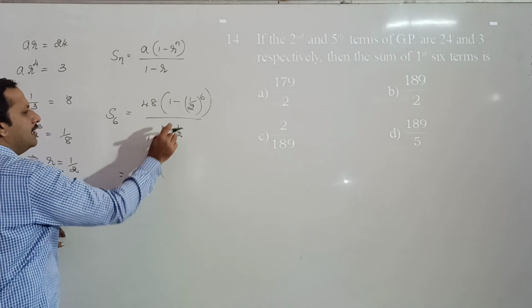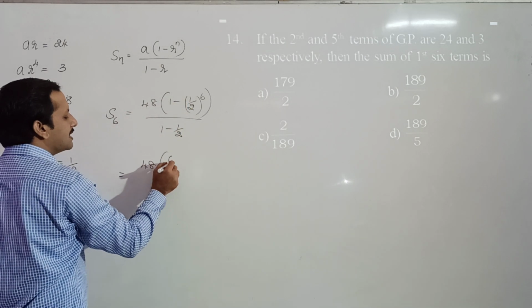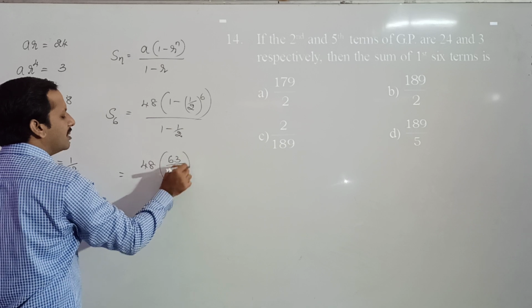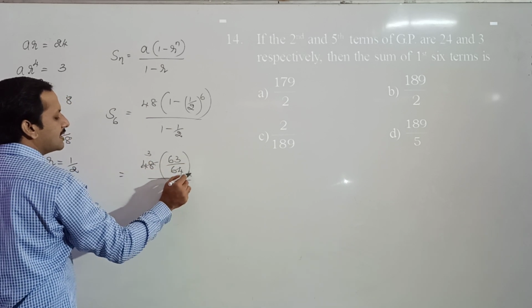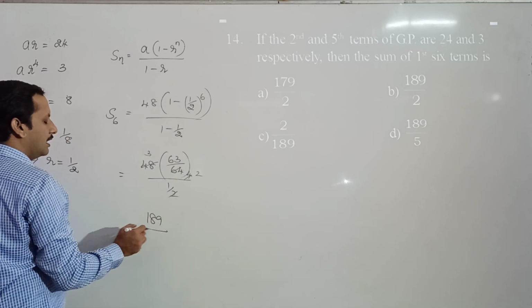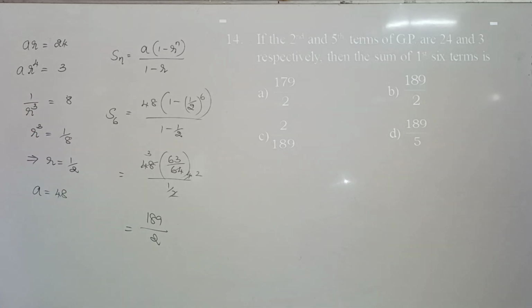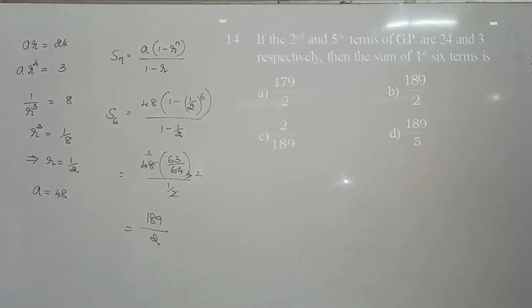So 48 into 2 power 6, that is 64. 1 minus 1 by 64 will give you 63 by 64 by 1 by 2 here. 63s are 64s are 2 1s are 2 2s are 63 into 3 is 189 by 2 is there. So answer is 189 by 2, second option.